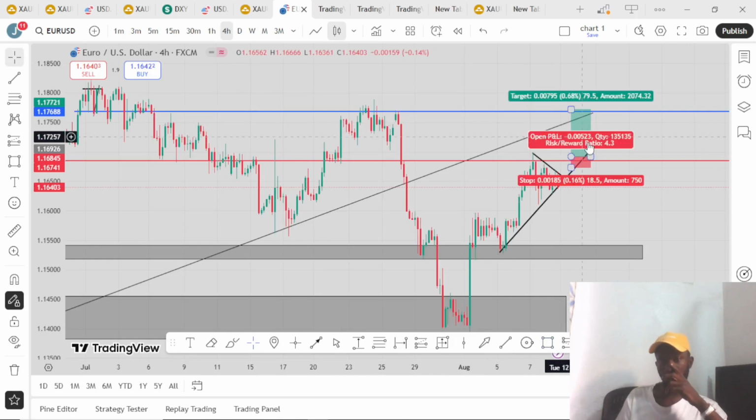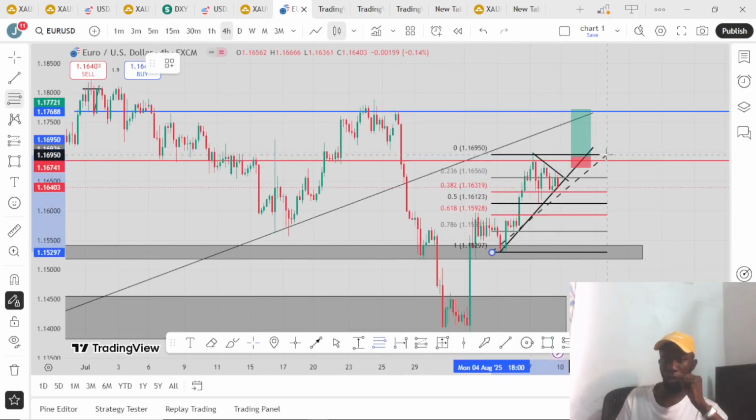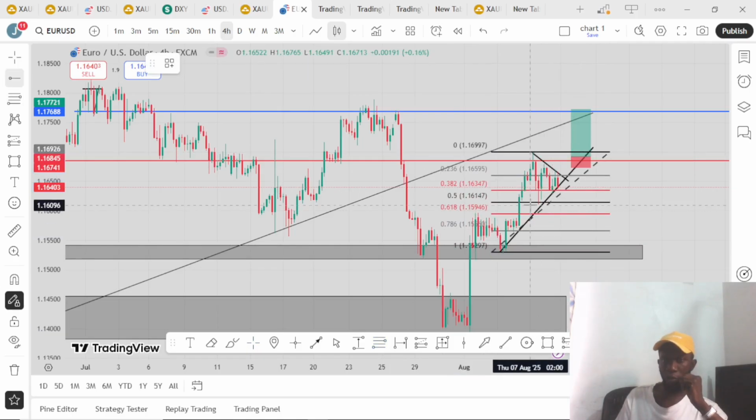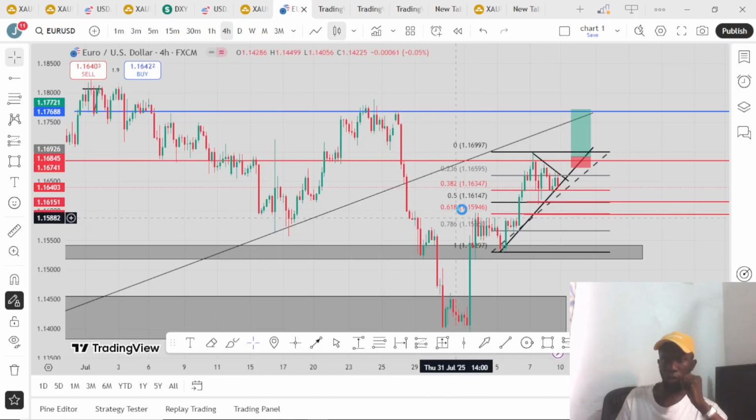So this is what we will expect, but it's possible based on price action that this can end up breaking and retest one of our Fibonacci zones, because it's Friday, guys. So maybe on Monday we can see a little retracement on these Fibonacci zones.